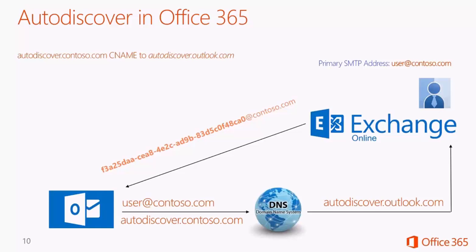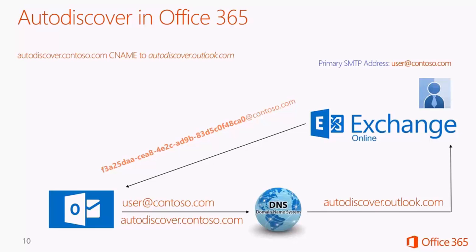Okay. So, as said, when I choose to move Autodiscover to Office 365, I will need to create a CNAME to point autodiscover.contoso.com to autodiscover.outlook.com.